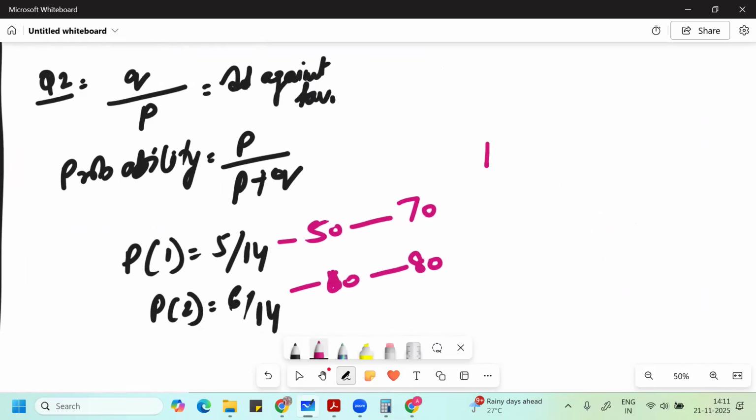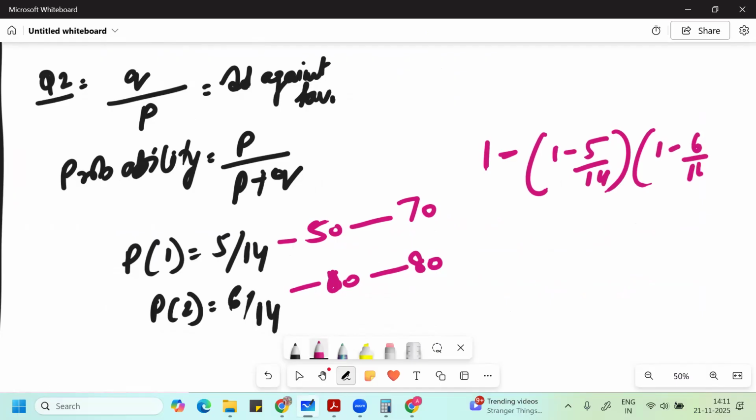So you can do 1 minus the probability that none of them will be alive. Both are independent events. So 1 minus 9 by 14 into 8 by 14, since 14 minus 5 is 9 and 14 minus 6 is 8.